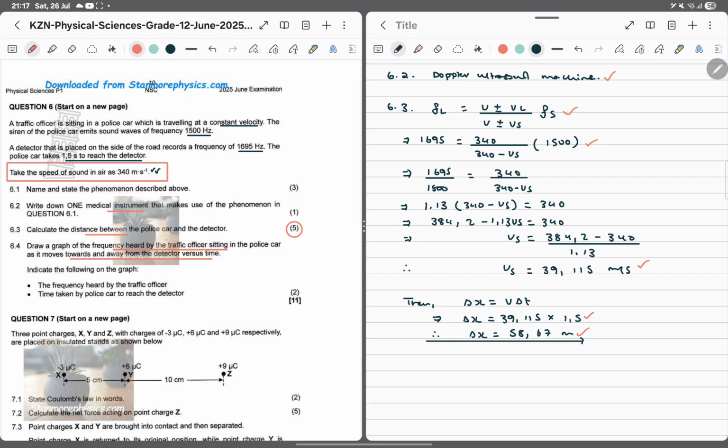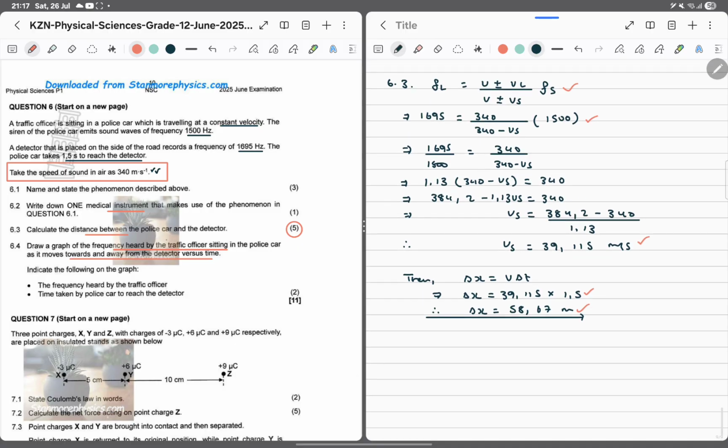Guys, this is crazy. Indicate the frequency on the graph, which is the frequency heard by the traffic officer, and the time taken by the police car to reach the detector. This is crazy.